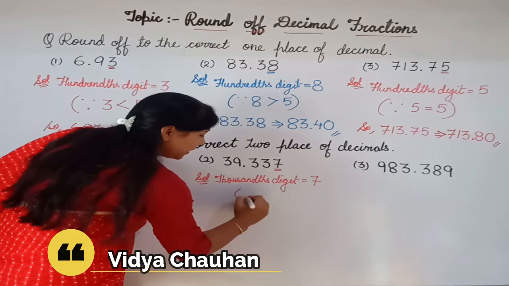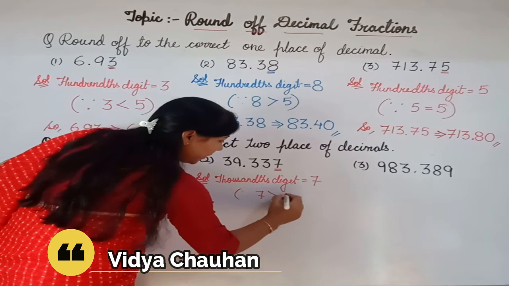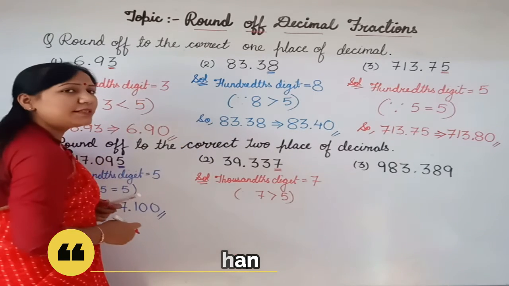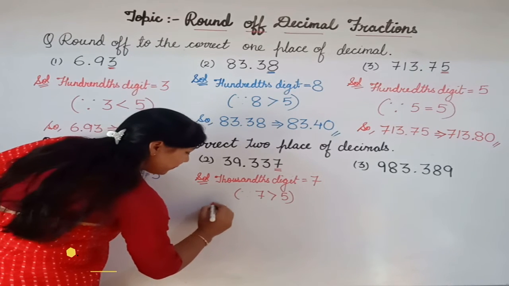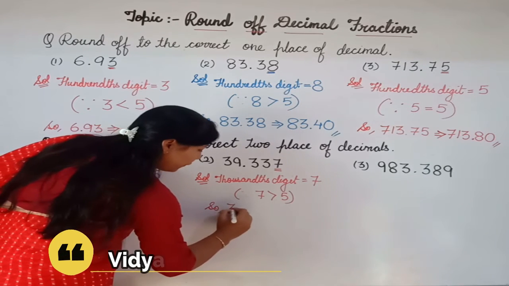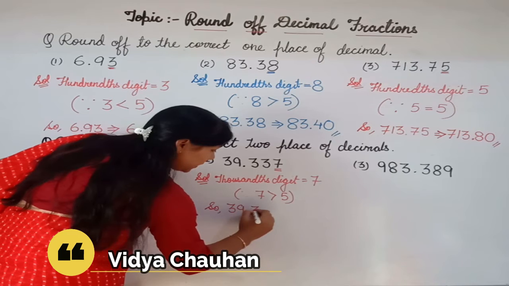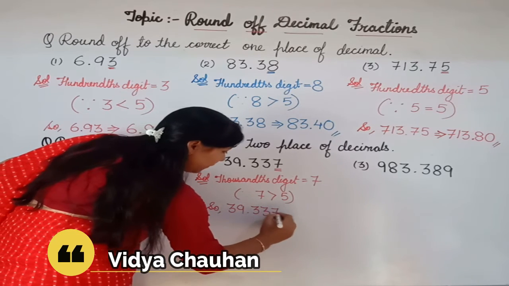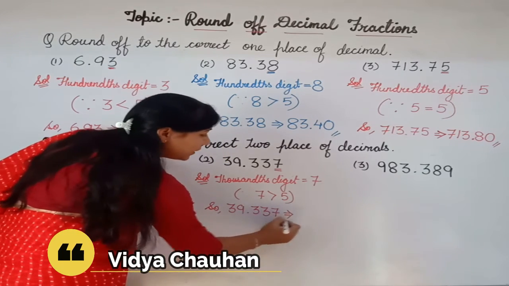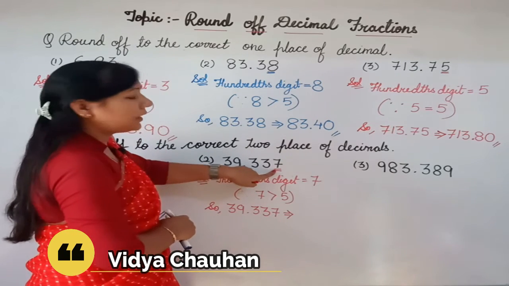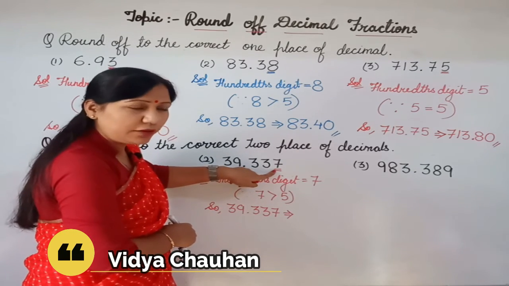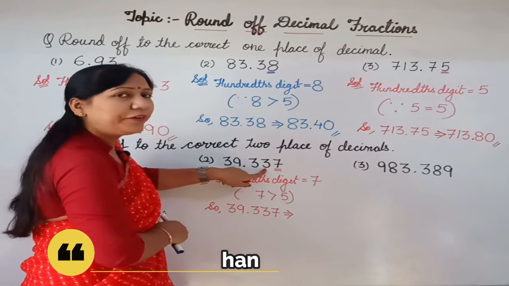Since 7 is greater than 5, what will the round off for 39.337 be?